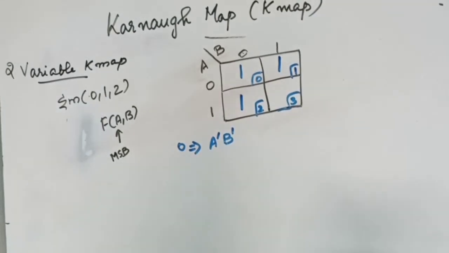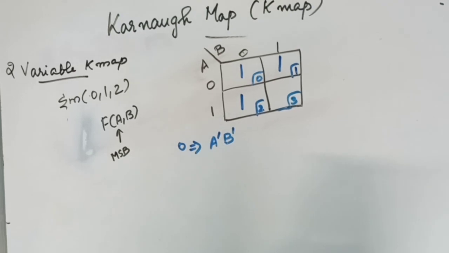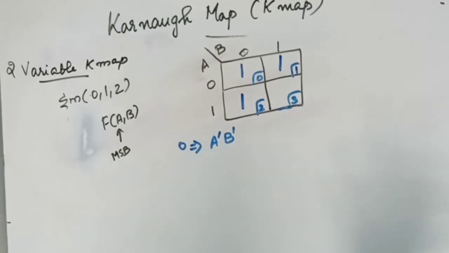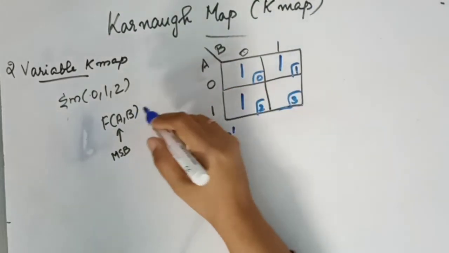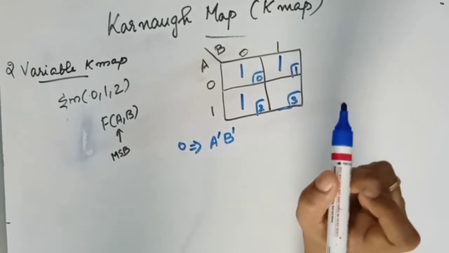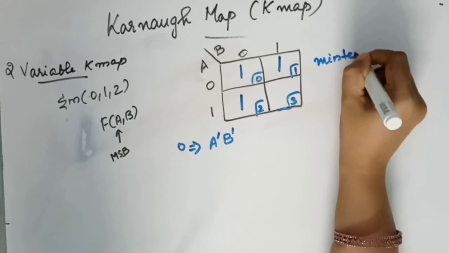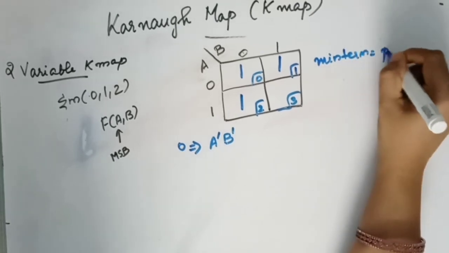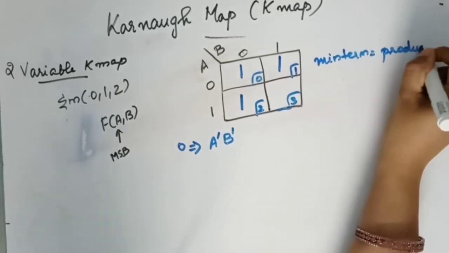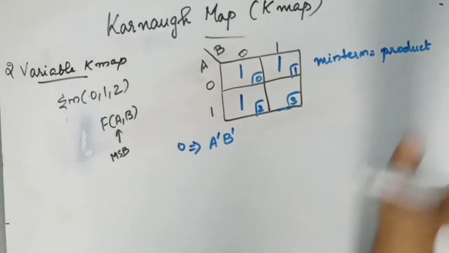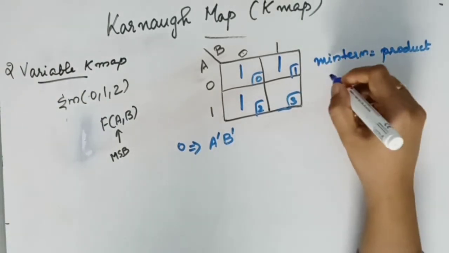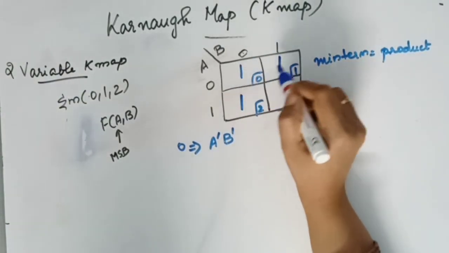And since this is a SOP, sum of product, each minterm is written as a product. Okay. So minterm is always a product. Now, how do you write the minterm of each cell?